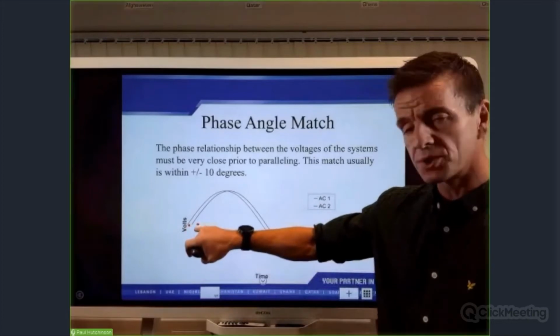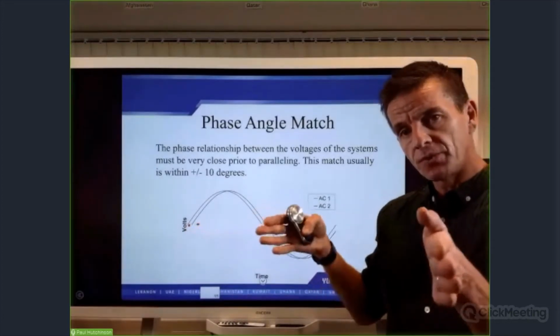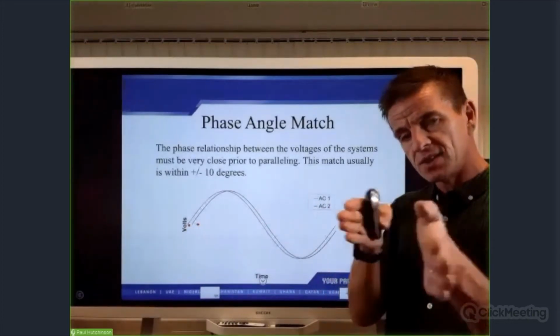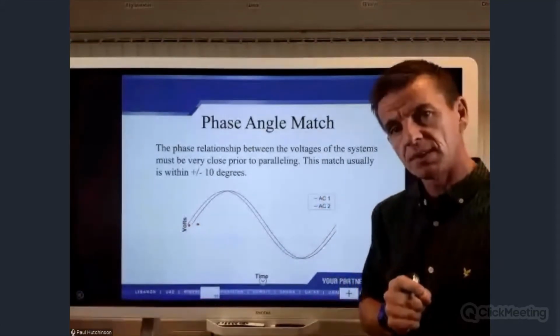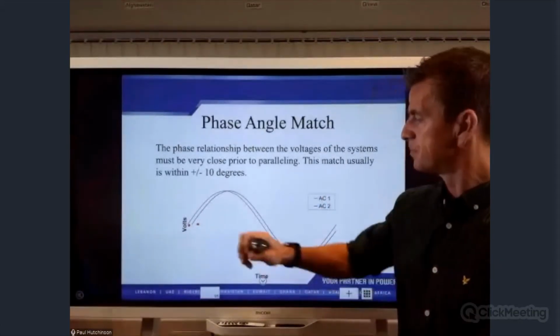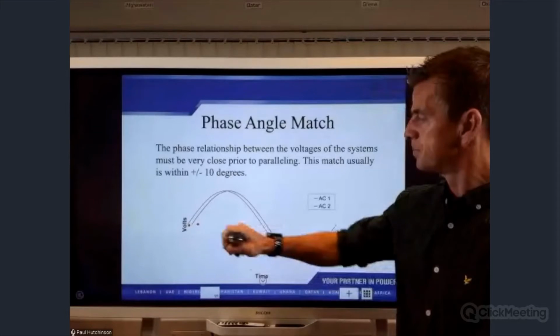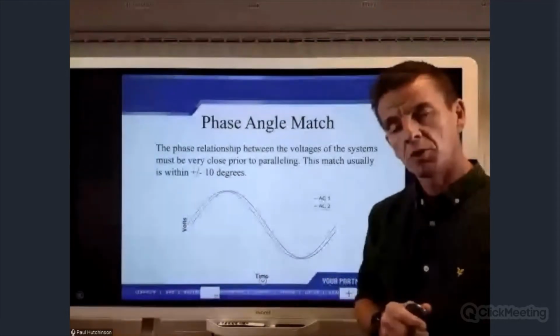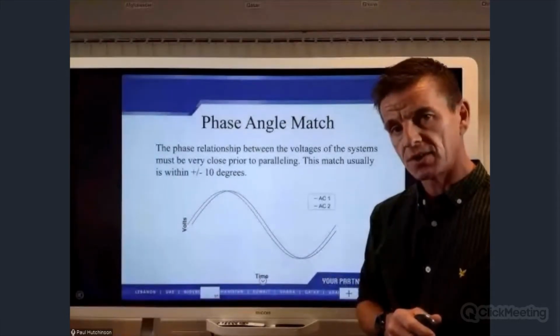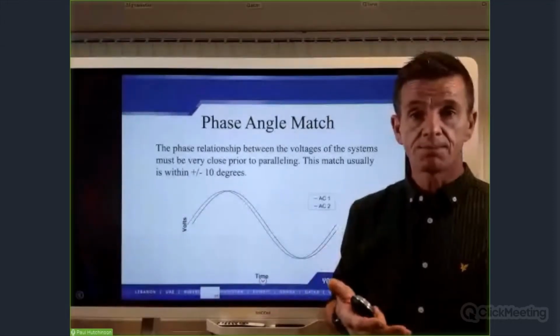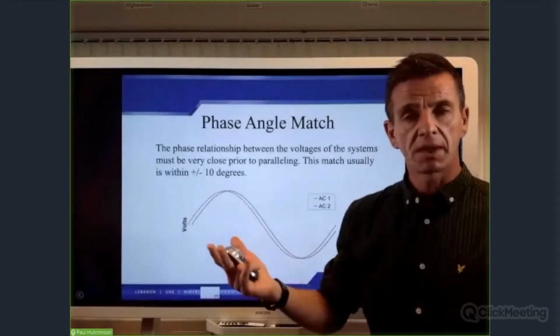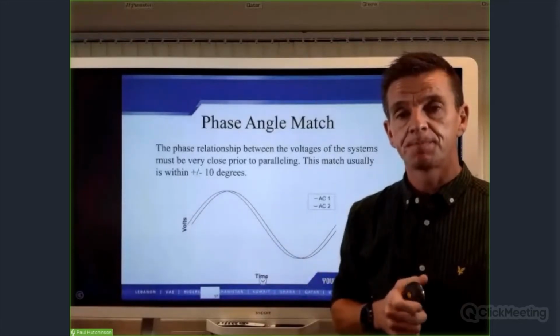So we have our two different sources. We want their starting phase angles to match as best as possible. Again, that is controlled by the synchronizer, the panel, whatever the controller is, as we said earlier. It could be a Deep Sea, it could be a Woodward, it could be something else.